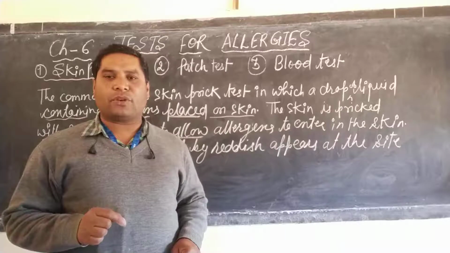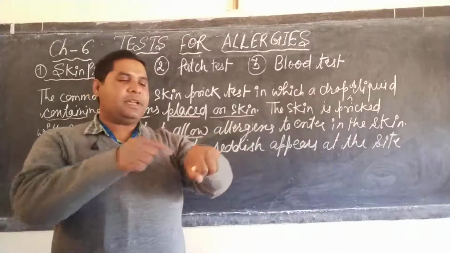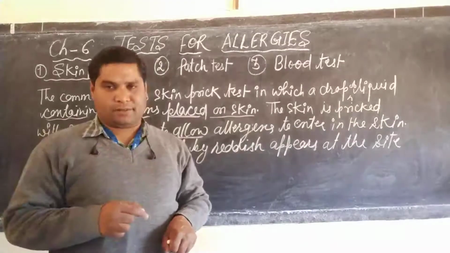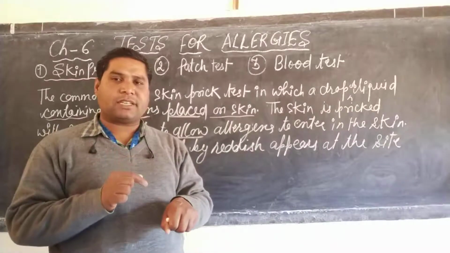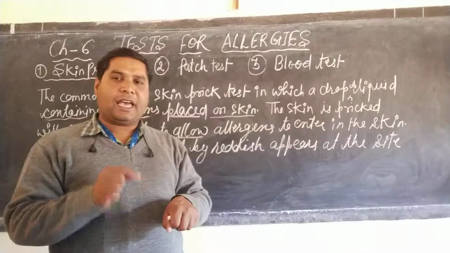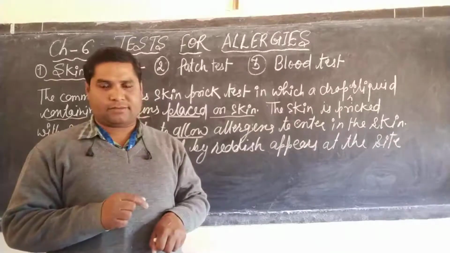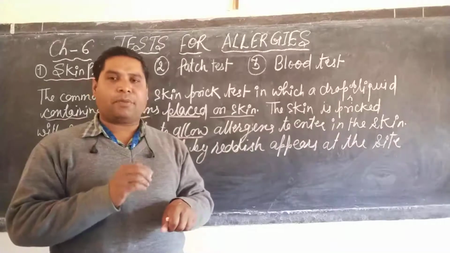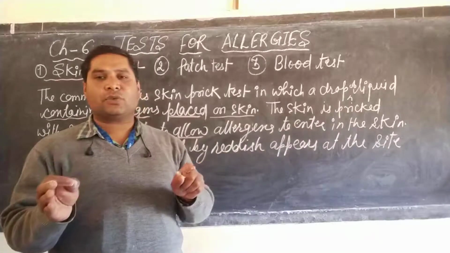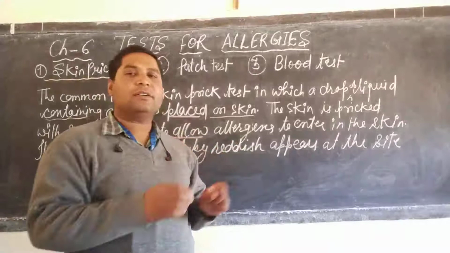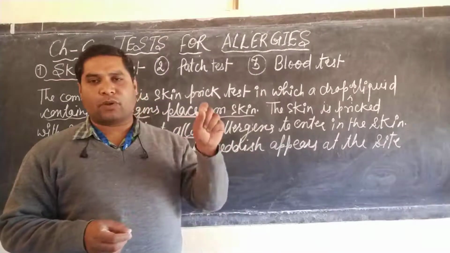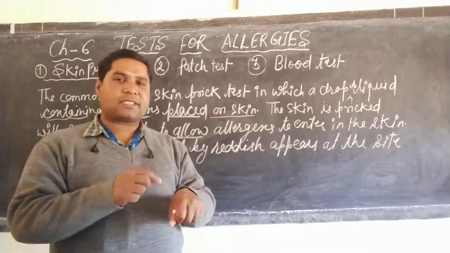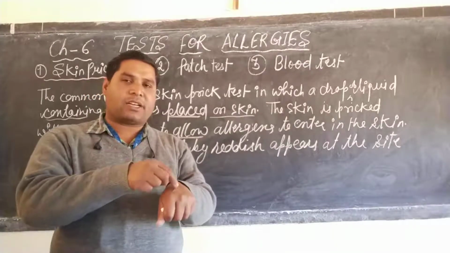After that, what we notice, if in that particular area redness appears at that particular site where the allergens are inserted, then it is clear that the person is allergic to that particular allergen or the particular substance. So when we place that particular allergen, we mark it.